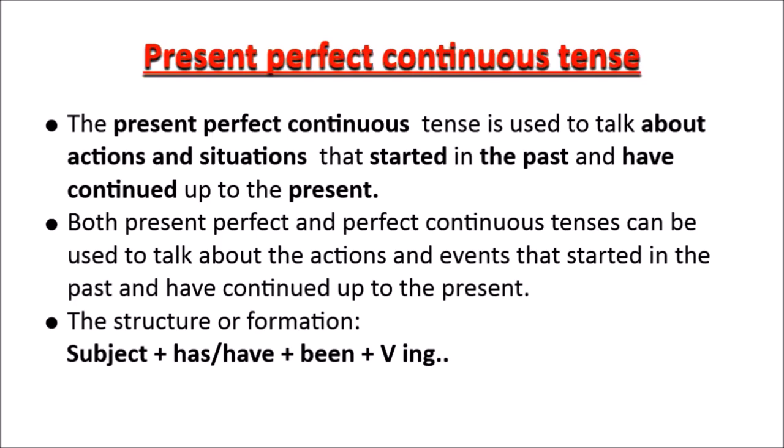Okay, so not only present perfect tense, the perfect continuous tense also talks about the action or event that has already started in the past and has continued up to the present. Okay students, I have given the structure or formation for the present perfect continuous tense. Look at the structure there. Subject plus has or have plus been plus verb ing. Clear?